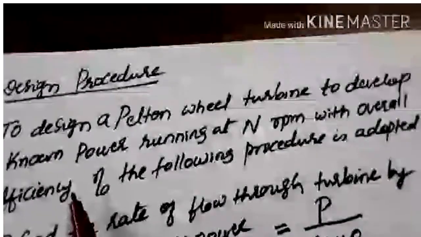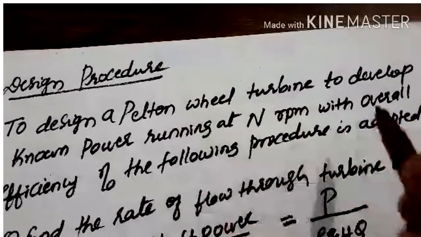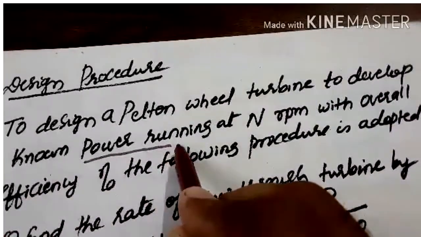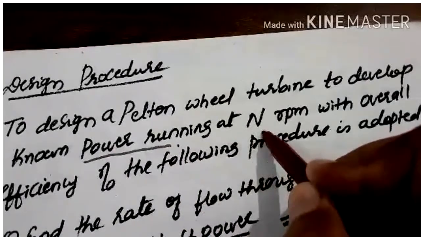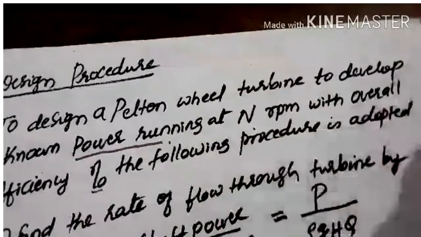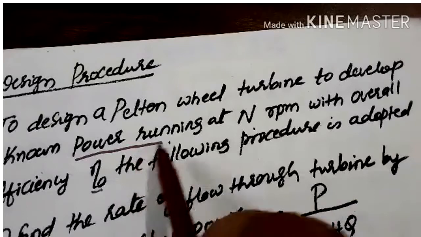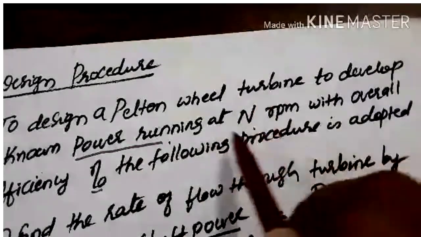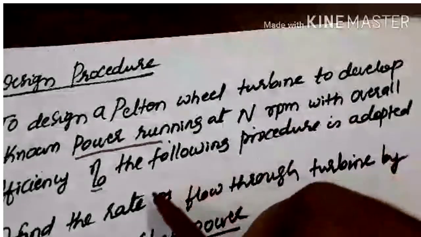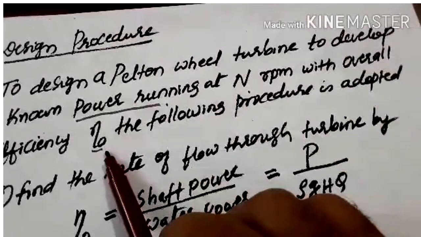In this design procedure, the design of a Pelton wheel turbine to develop a known power P, running at n RPM with an overall efficiency of eta O, the following procedure is adopted. It means the power will be given, the RPM of that wheel will be given, and the overall efficiency.